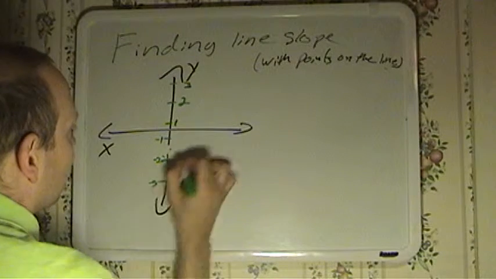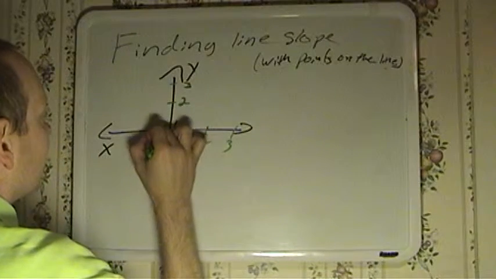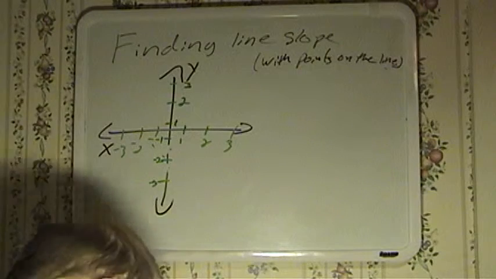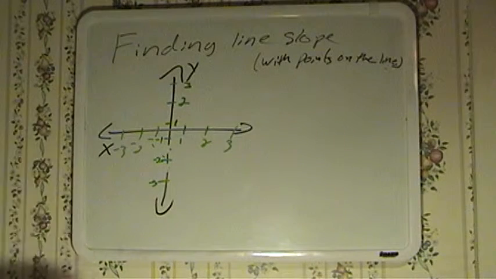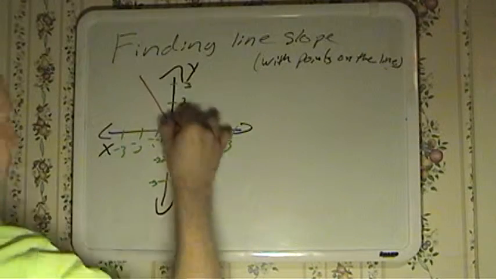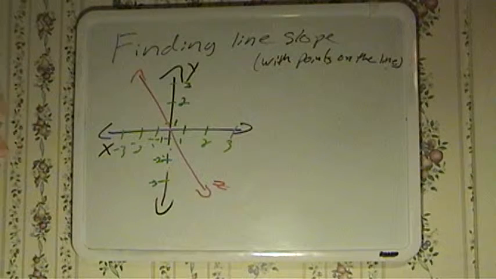We're going to have 1, 2, and 3, and then our -1, -2, -3. So let me get in here and draw line Z again. Make it pretty steep. Okay, and this is our line Z again.